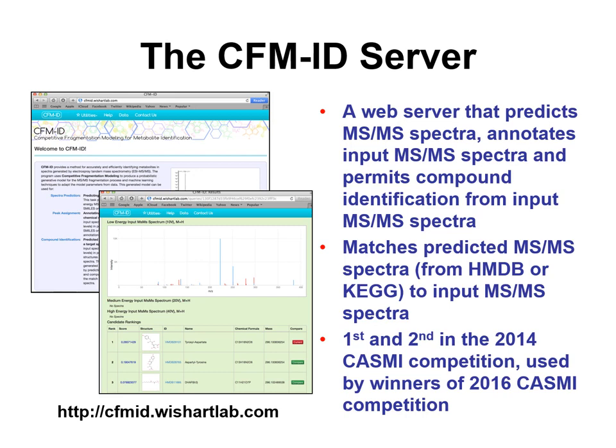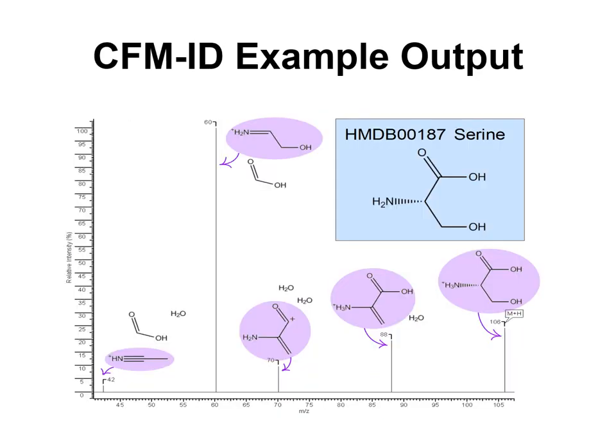It does that by matching its spectra against those from HMDB and from KEGG. CFM-ID has been evaluated, tested, thrown into competitions for a number of years, and it's done very well in terms of these competitions, and it's been integrated in other software tools for spectral prediction.